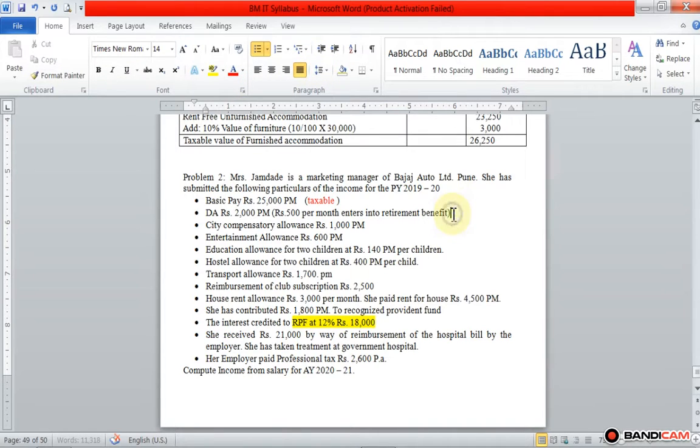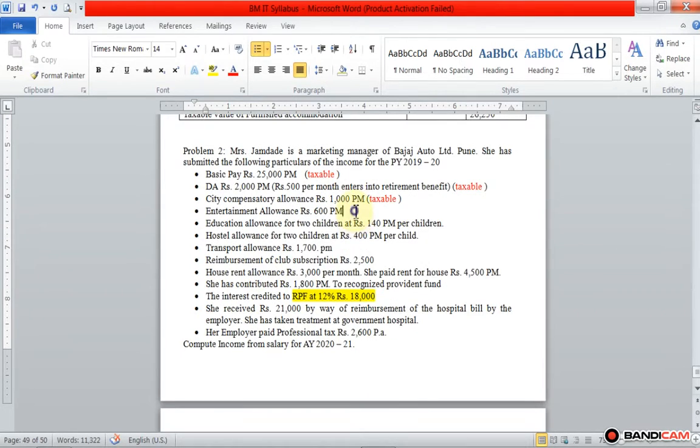Then DA is also taxable. Then city compensatory allowance, the whole of the city compensatory allowance is taxable.